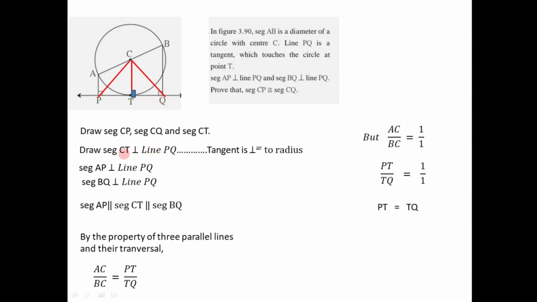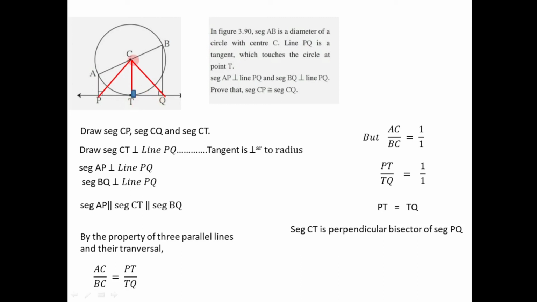Here, due to the construction, segment CT is perpendicular to line PQ, and PT is congruent to segment TQ, as we have proved. So from these two, we can conclude that segment CT is the perpendicular bisector of segment PQ, because segment CT is perpendicular to segment PQ and PT is congruent to TQ.